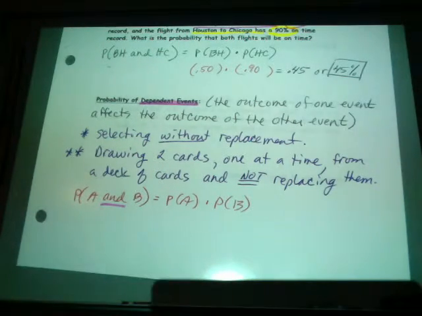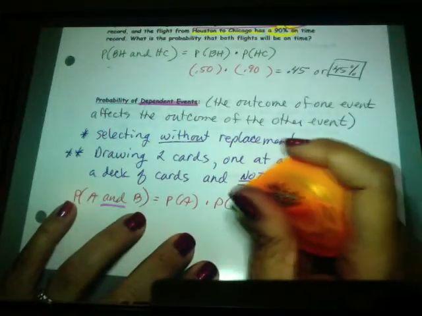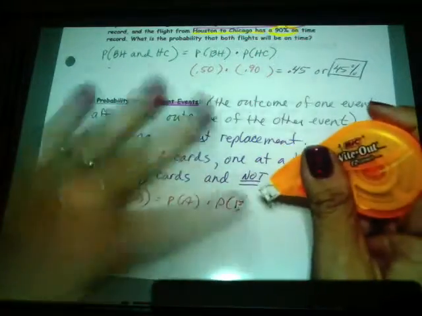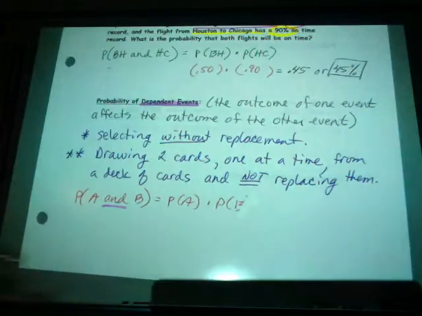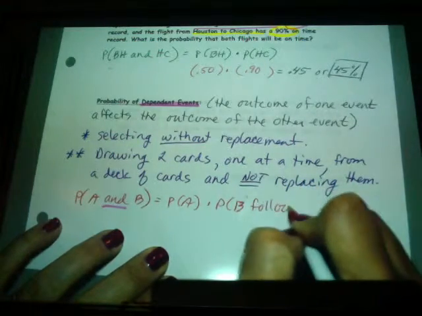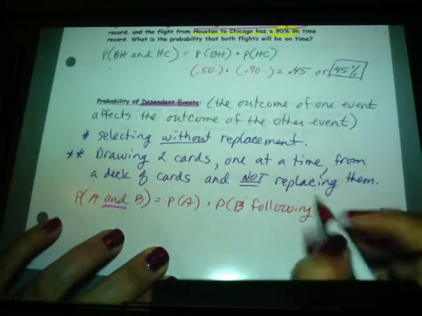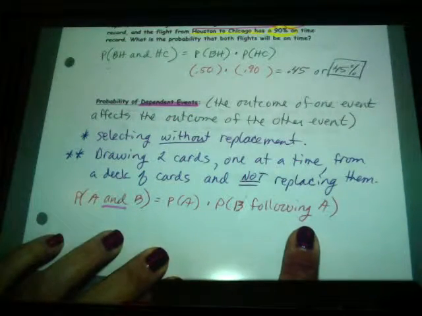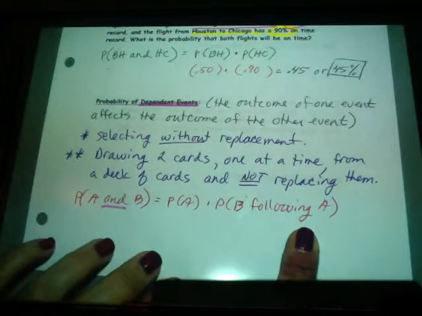Well, let's add on to that. Not just the probability of the second event, but the probability of the second event following A. So I have to consider that this is following that one and it's actually occurring.